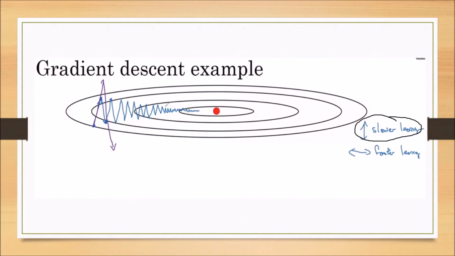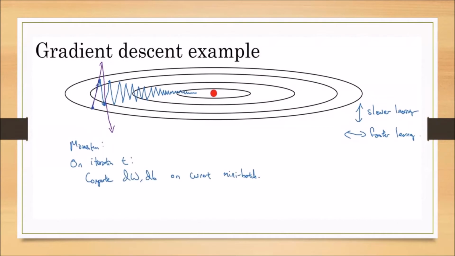I am expecting my gradient descent to find the minimum value of the cost function in a very fast way. So here we are using the momentum concept, gradient descent with momentum, in which we use exponentially weighted averages to find the gradient descent.